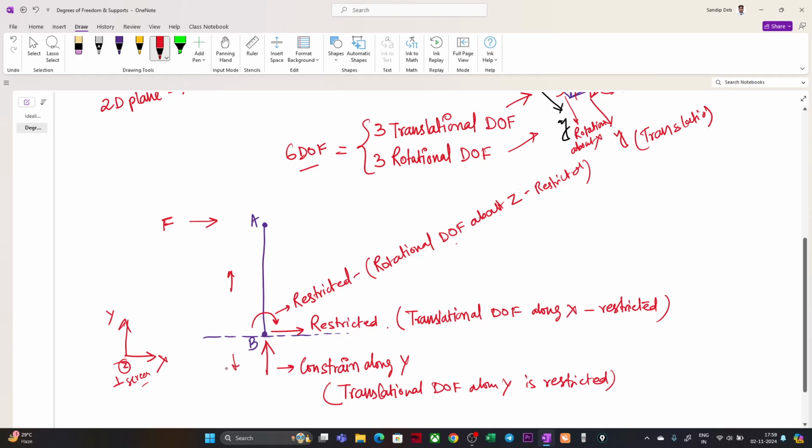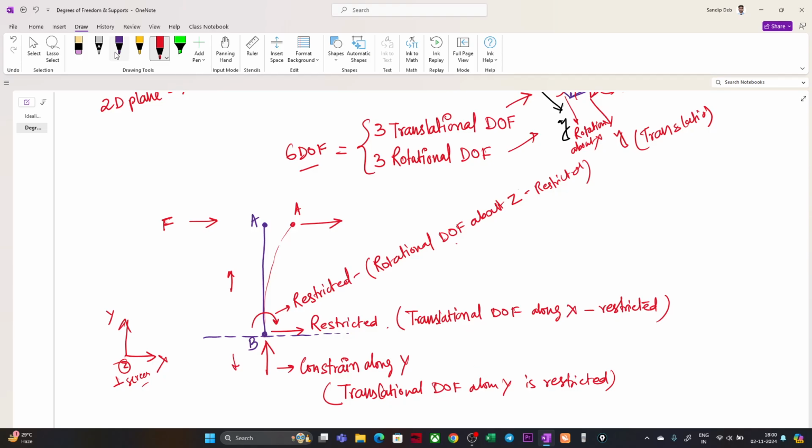So now if you try to push this point A, this point B will not move, the top part will move, because for this top part you have the degree of freedom along X, it is allowed to move along X in the 2D space. But point B will not rotate, it will not translate along X, it will not translate along Y.